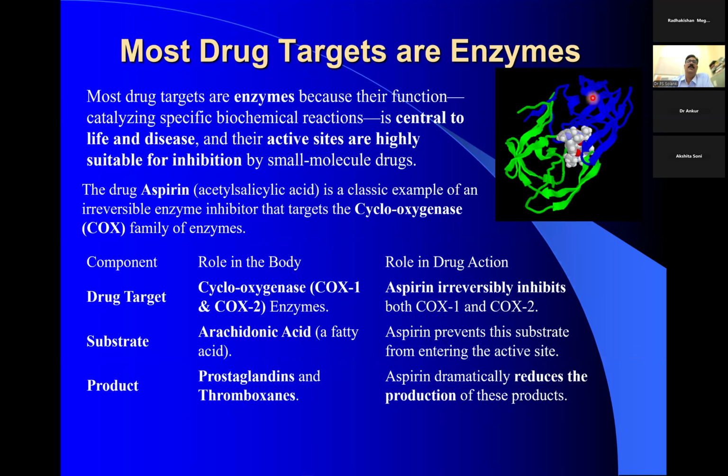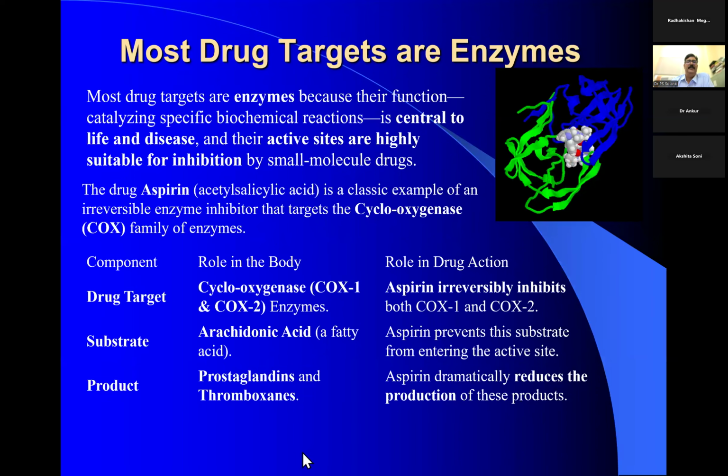We look for various targets available in the human body, particularly enzymatic targets, and we design compounds so that they can target that particular enzyme and stop it from performing its activity.